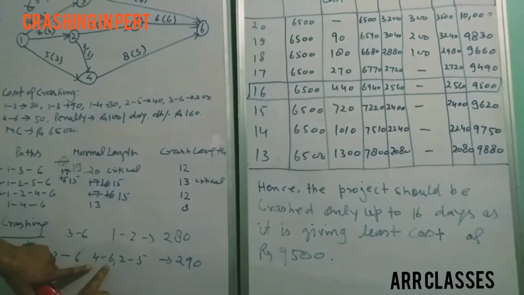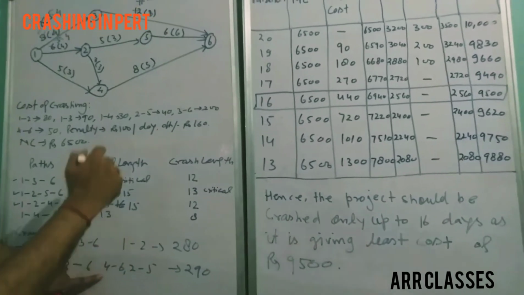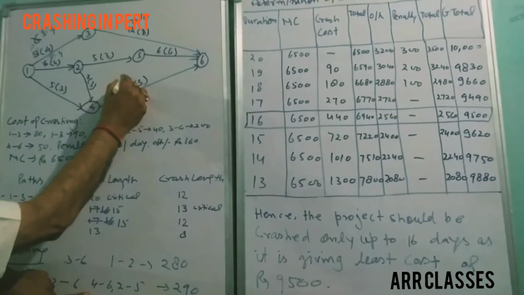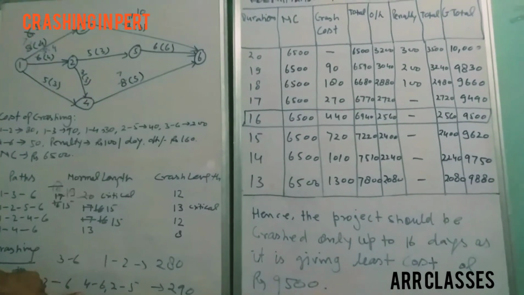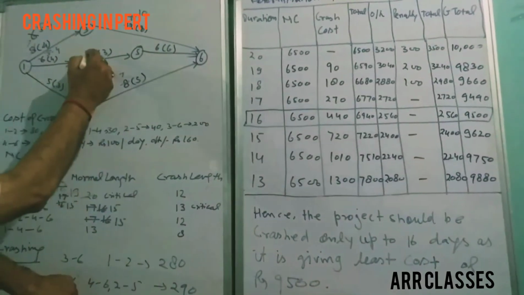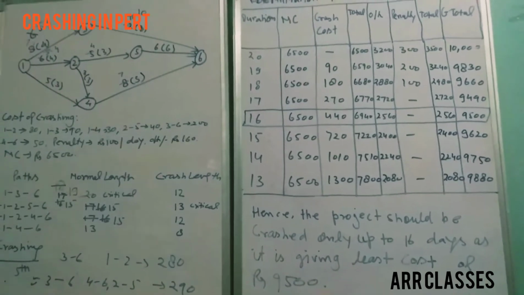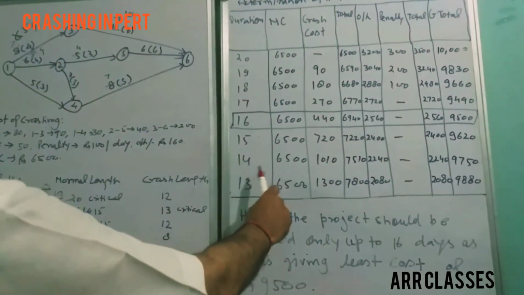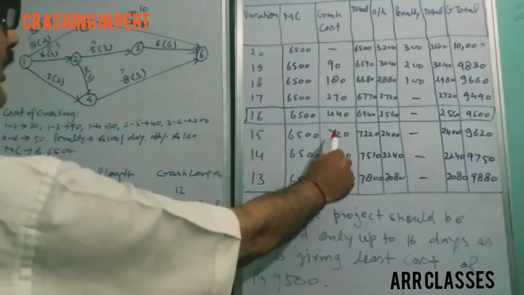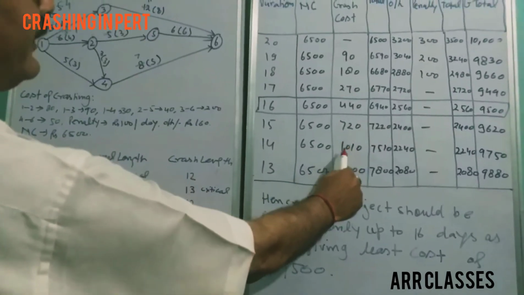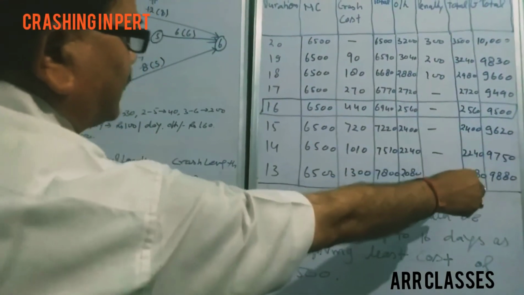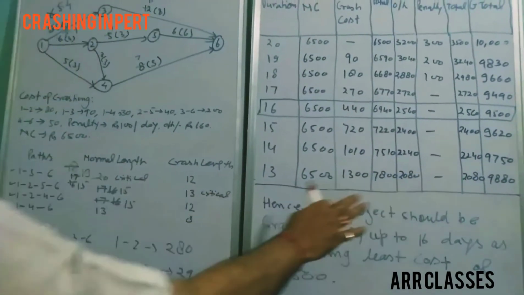Then we will crash 4 to 6. It becomes 7 because this is not to be crashed. And 2 to 5 becomes 4. So at this stage the total cost 290 has been added to it. So now the total determination is here.